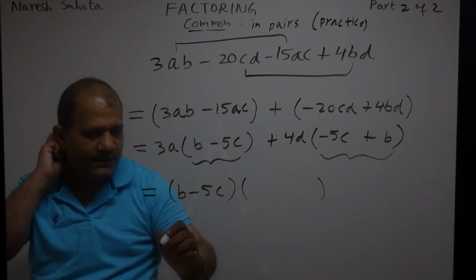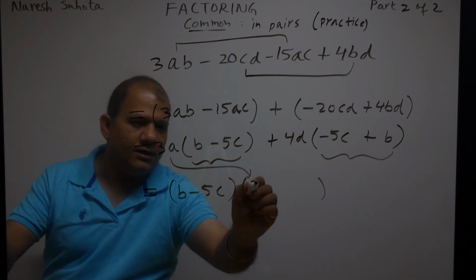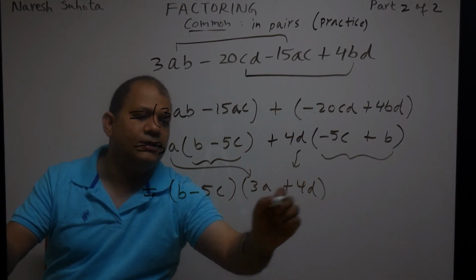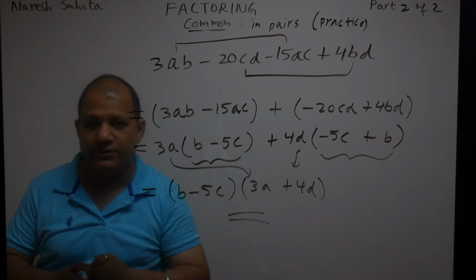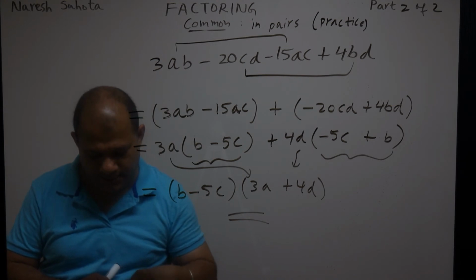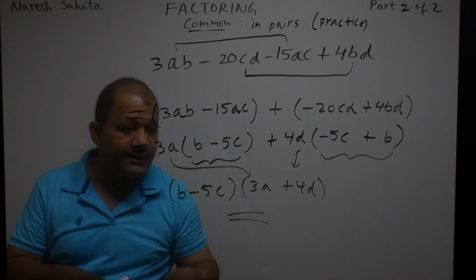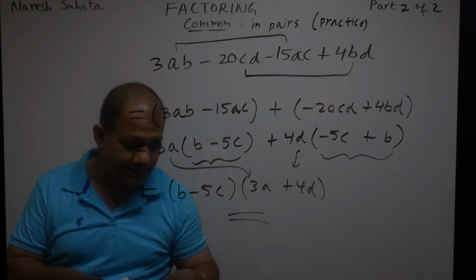And then in this bracket, the remaining factors are 3A and 4D, so plus 4D. So that's the final answer here. This can't be factored any further. So it's B minus 5C times 3A plus 4D.